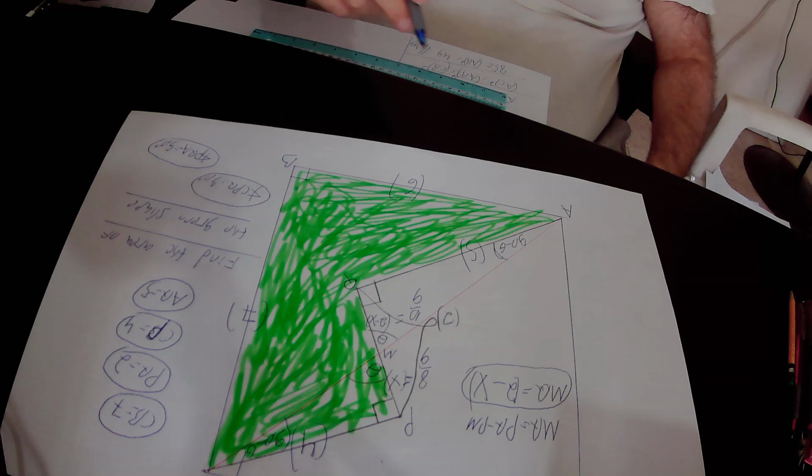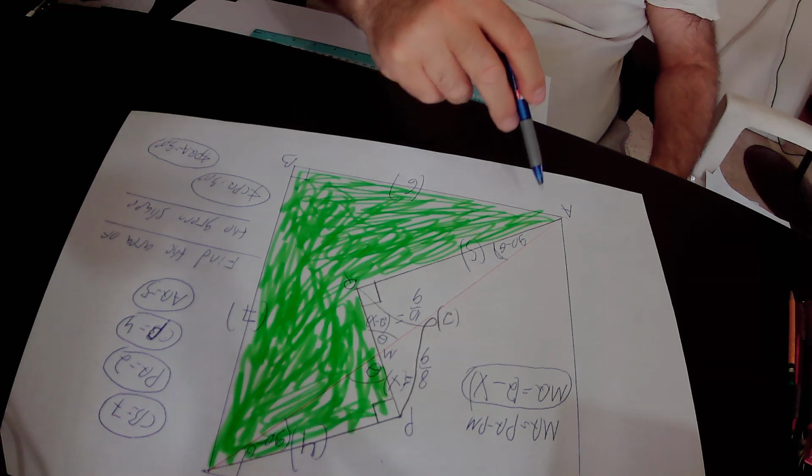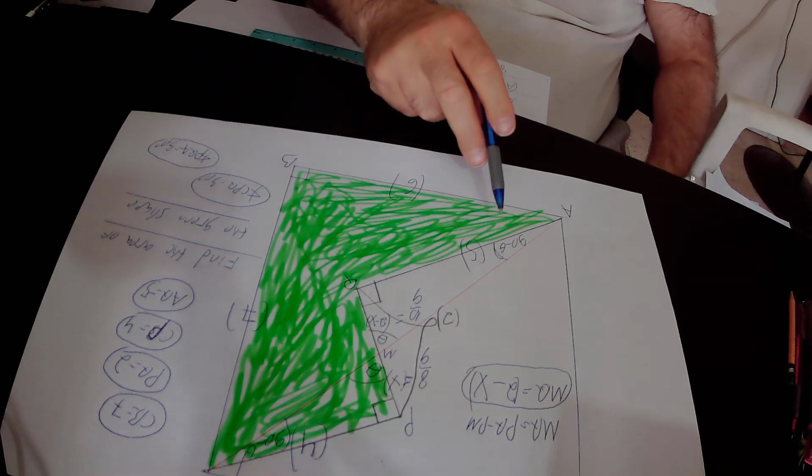So it is the area of the right triangle ABC minus the area of the right triangle AQM.